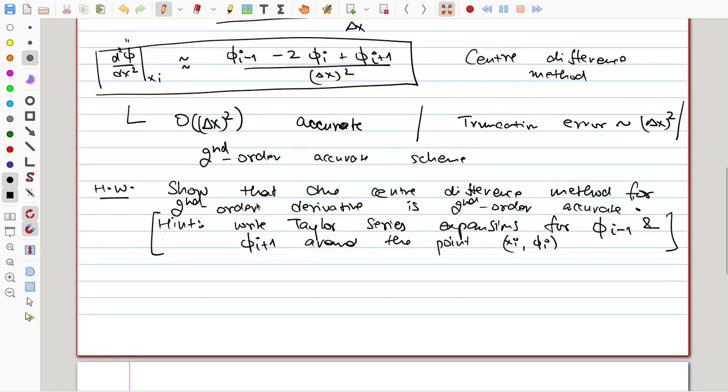And this whole exercise that we have done, starting from yesterday all the way to today till now, of converting derivatives such as d phi by dx or d2 phi by dx2 into difference forms.